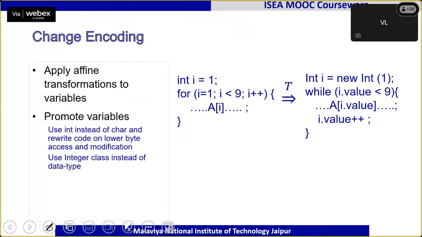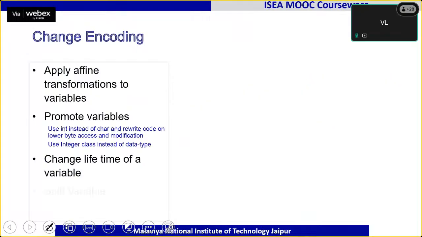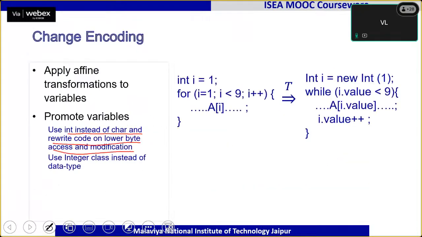So another way is that we can actually combine 2 or more data of the original representation, and compact them together in the new representation.